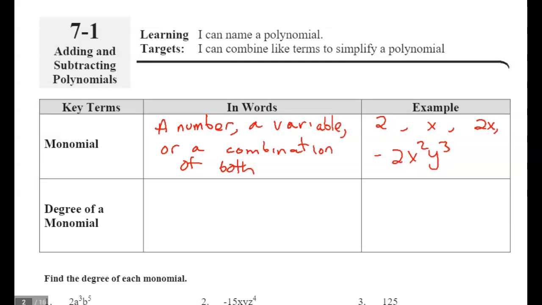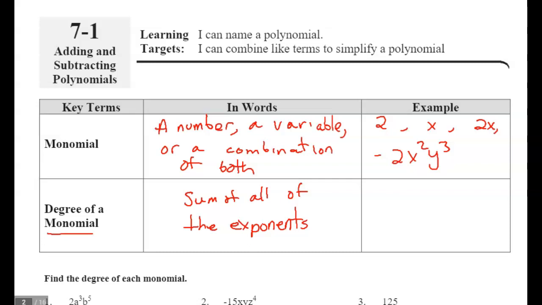Okay, the degree of a monomial is the sum of all of the exponents. Okay, and this is when we're just talking about a monomial, and that'll come into play here in a minute.